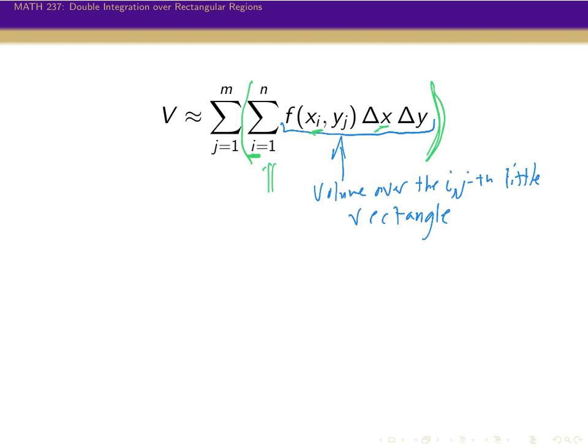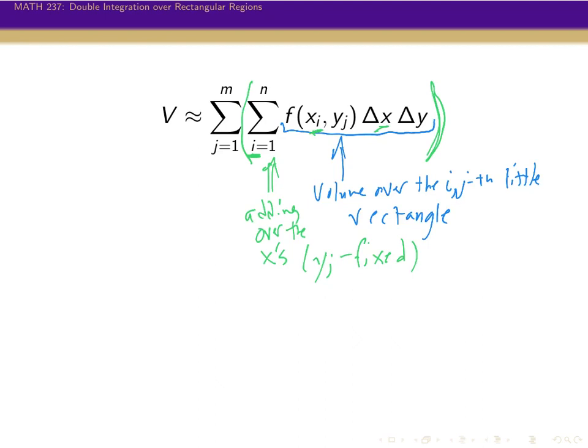And so this sum we are adding over the x's. And you can think that we're keeping yj fixed. Right?